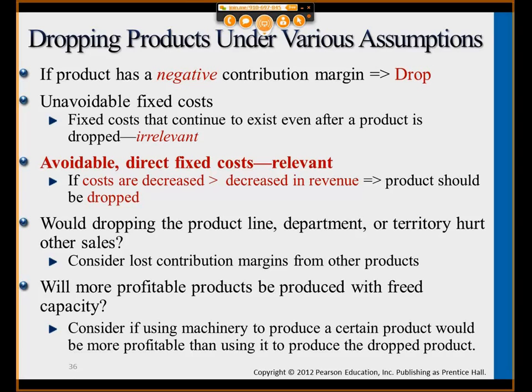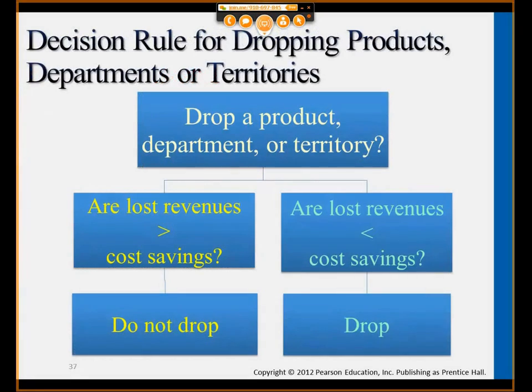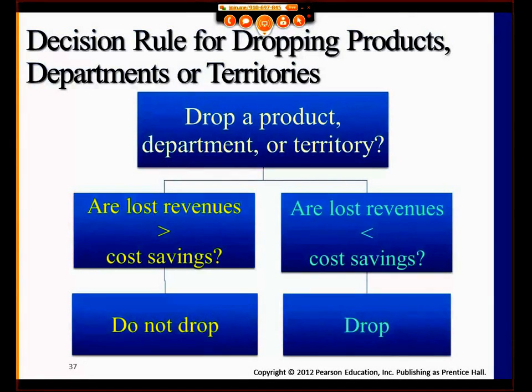So what is the decision rule for dropping the product, departments, or territories? So the question, do we drop? If our answer is that the lost revenues are greater than cost savings, then we're not going to drop.